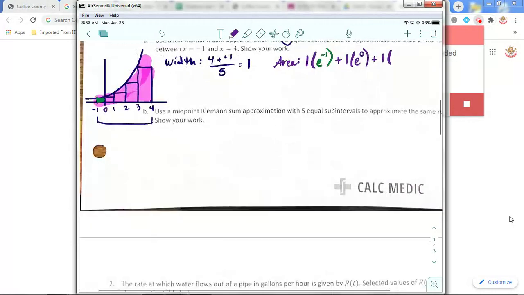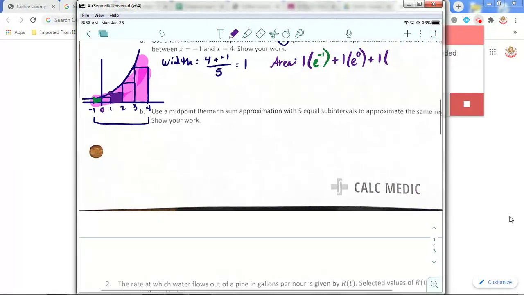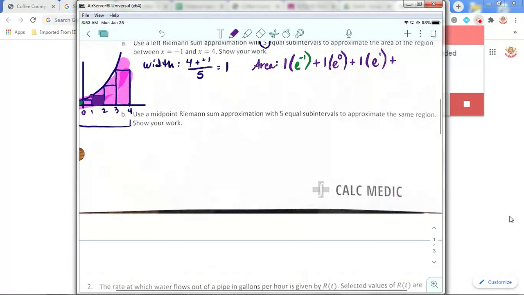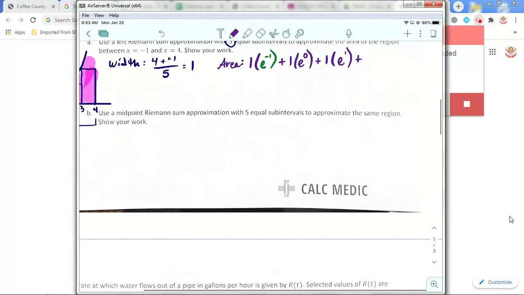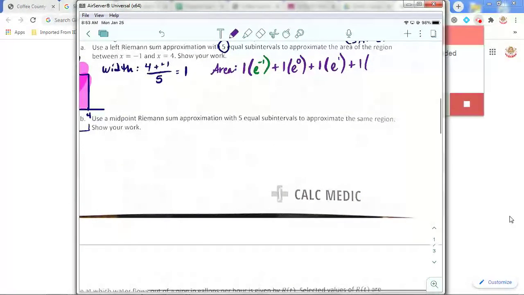Okay, the next rectangle, the width is still 1. The height of this rectangle is the value of the function when x is 1. So it's e to the 1. All right, we're going to keep going. The next rectangle, the width is 1. The height is the value of the function when x is 2.